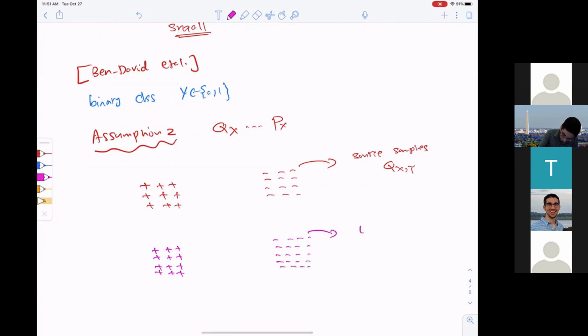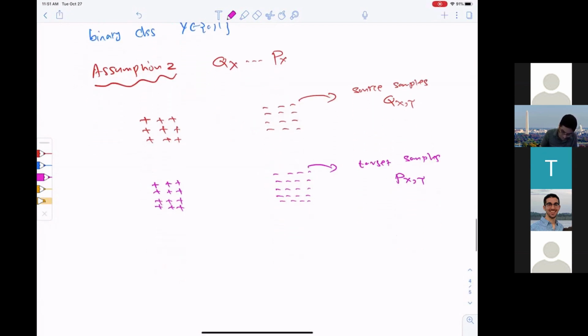So these are target samples coming from your distribution PXY. Okay, so what do I see in training? Right, so when I'm looking at the marginal distributions, PX and QX, I don't see the labels.